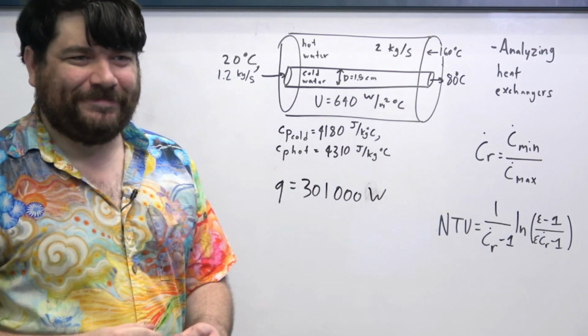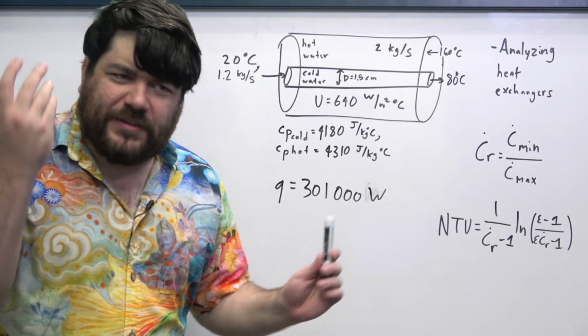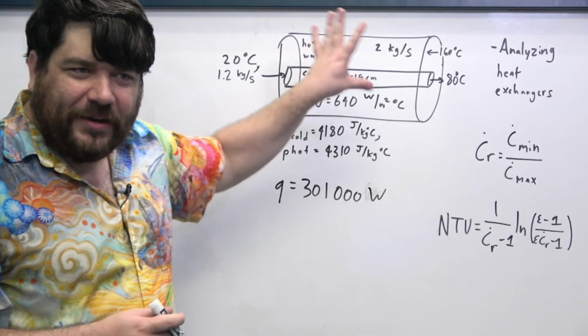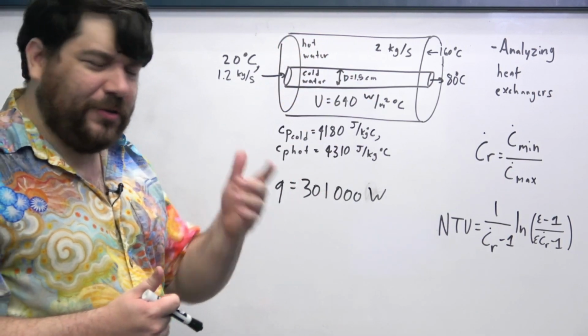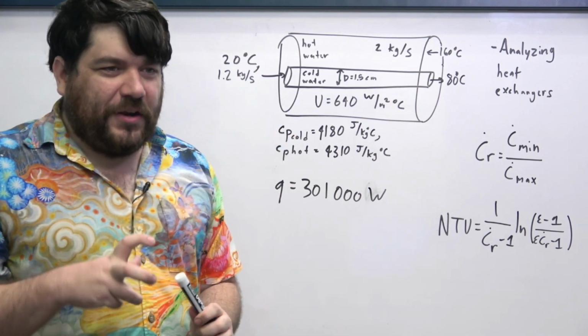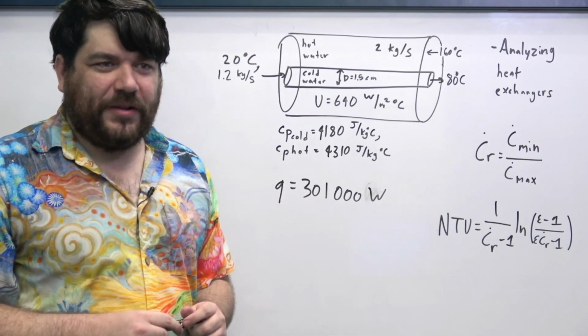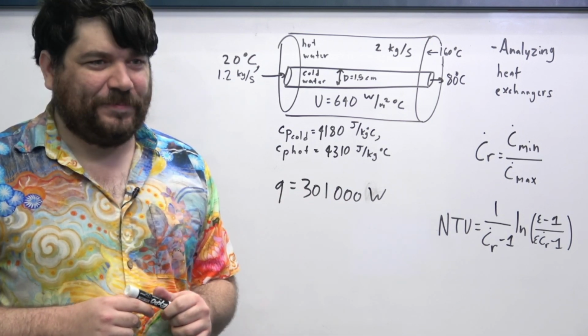There we go. All right, so it's just multiplication. So this now tells us a key piece of information about how this heat exchanger works. We know that no matter what this outlet temperature is, we can already figure out that the heat transfer rate through this heat exchanger is 301,000 watts, which is great.